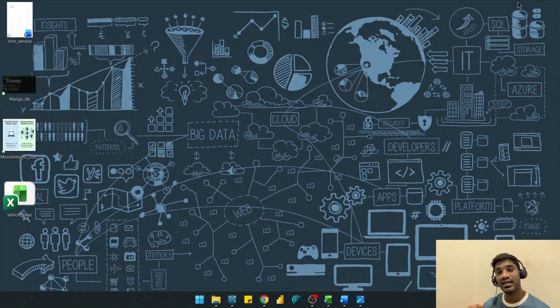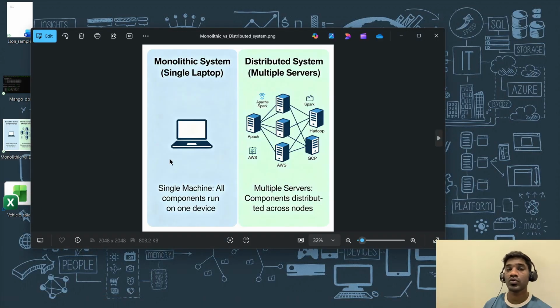To understand this, you should understand the concept of monolithic and distributed computing. This diagram will give you the idea of a monolithic system and a distributed system. You can clearly see the monolithic system. Imagine your laptop: how much can you upgrade it? Your laptop has some limitation, right?